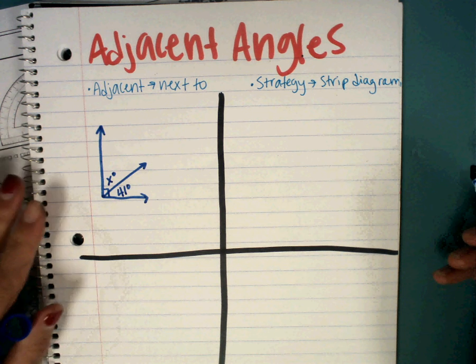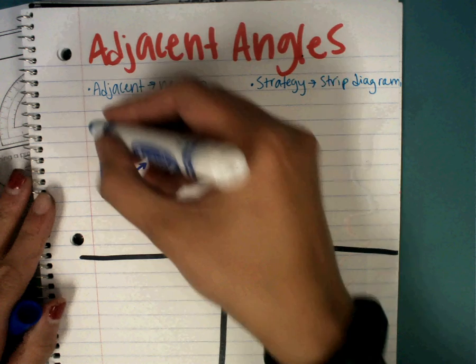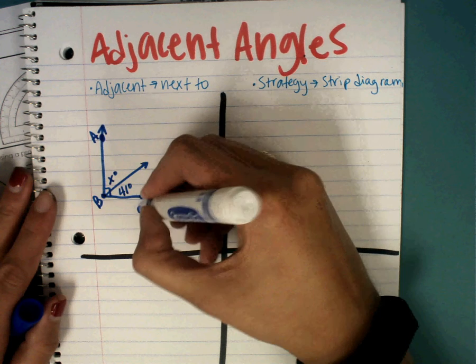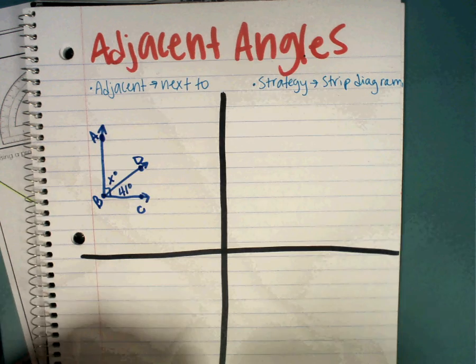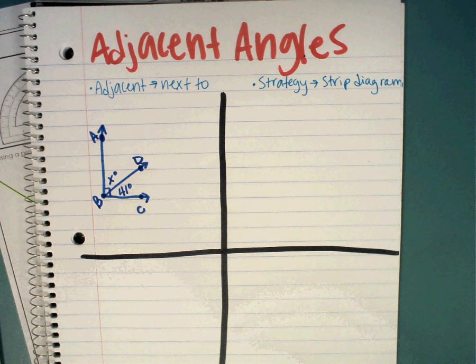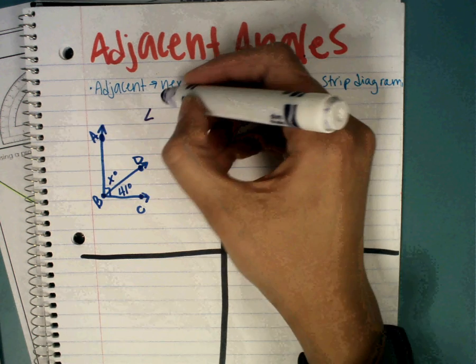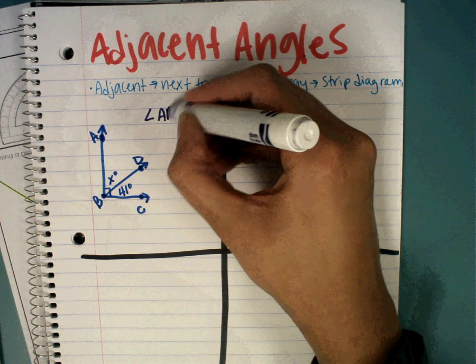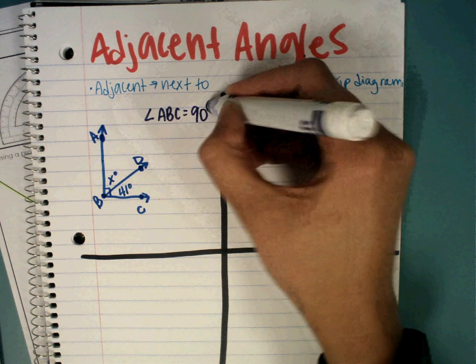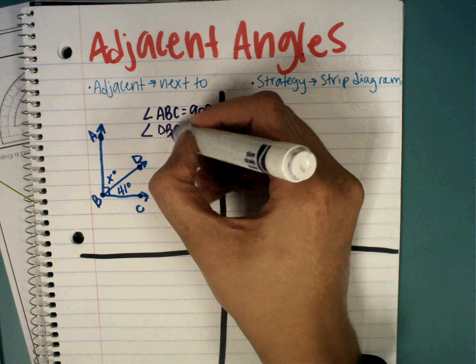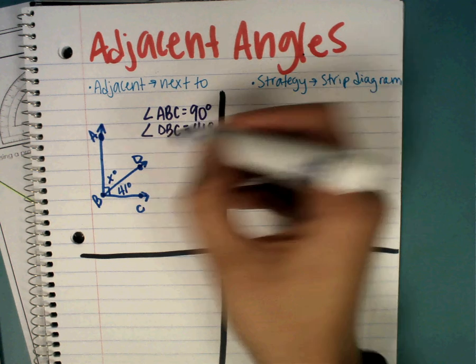Right, so let's say that this is A, B, C, D. If I know that angle ABC equals 90 degrees, and I know that angle DBC equals 41 degrees, and I'm trying to find what angle ABD is.